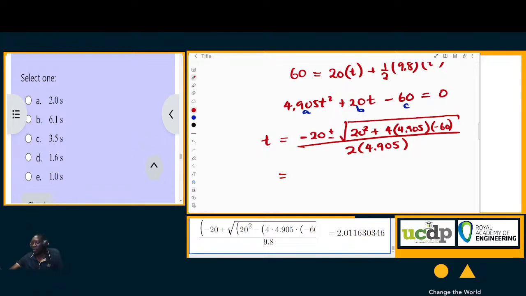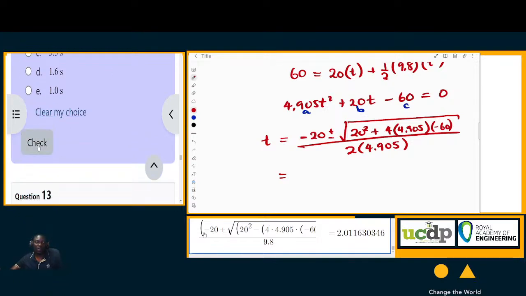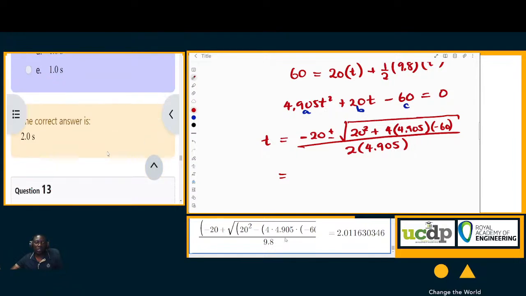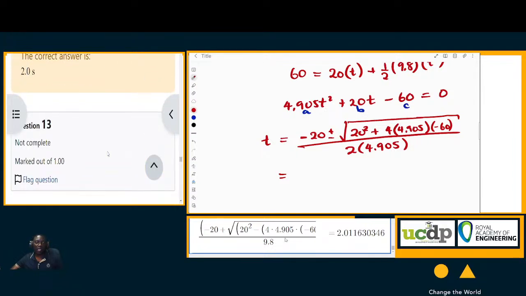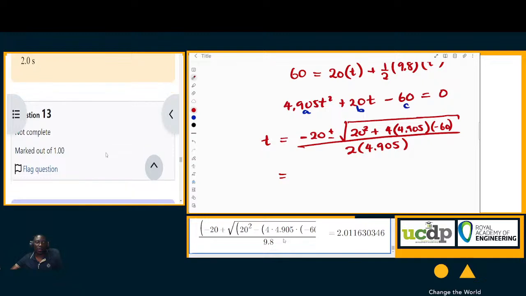So at times I know people want to avoid this quadratic for whatever reason, but as long as you get to the final solution, unless the question specifically says use the quadratic formula to do this, then you have no option. But otherwise, well done. 2 seconds is the time it will take this object to get to the point of impact to the ground.